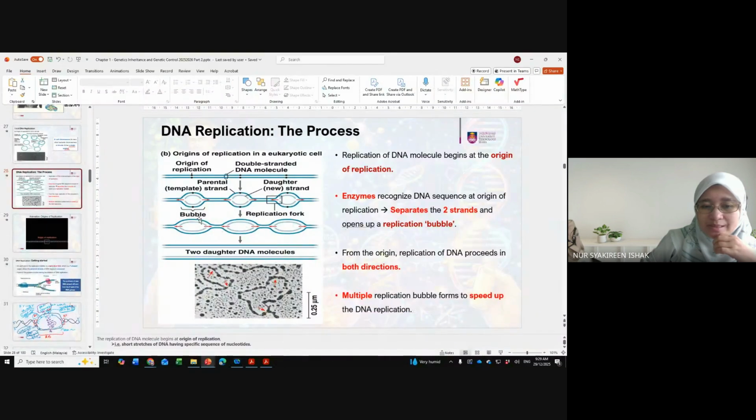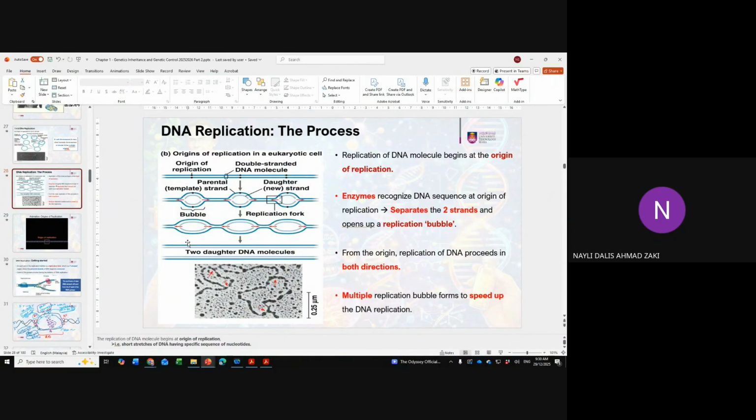As the bubbles get bigger, at one point they will meet up, and so it produces two new daughter DNA molecules. So this produces a complete and replicated DNA molecule in the daughter cells. Understood? Thank you, madam.